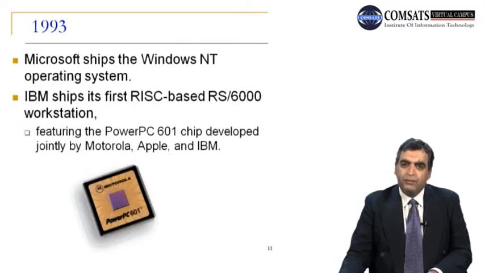This RS-6000 workstation features the PowerPC 601 chip developed jointly by Motorola, Apple and IBM. This is the figure of the Motorola PowerPC 601 microchip, and you can see how small it is.